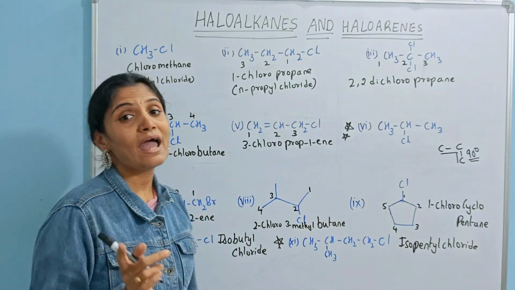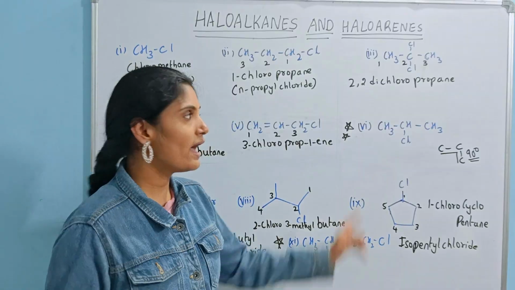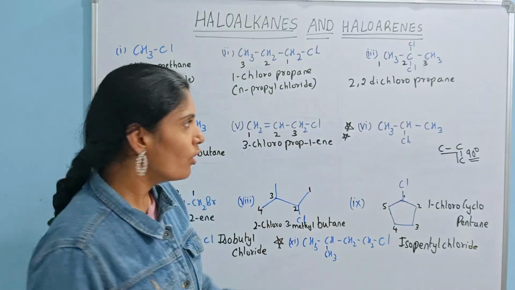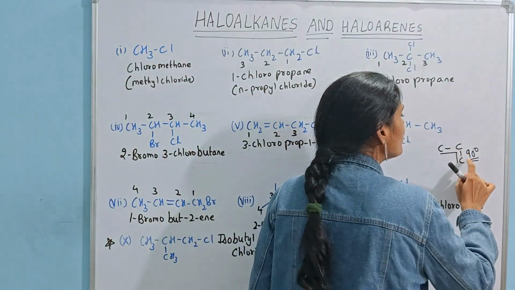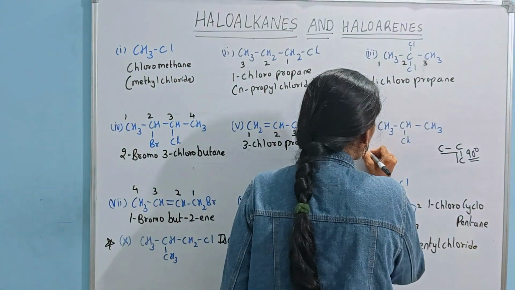Whenever a haloalkane, remember very carefully, whenever a haloalkane has 3 carbons in its main chain, though we don't have this carbon 90 degrees thing in the compound, still we call it as what?